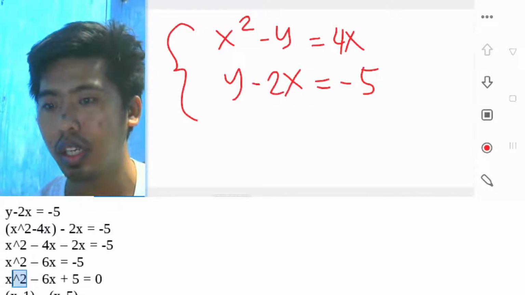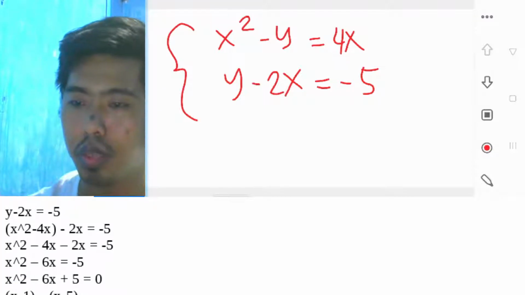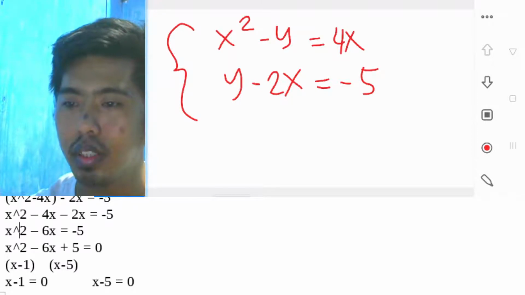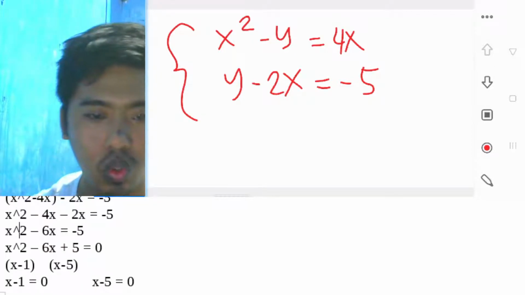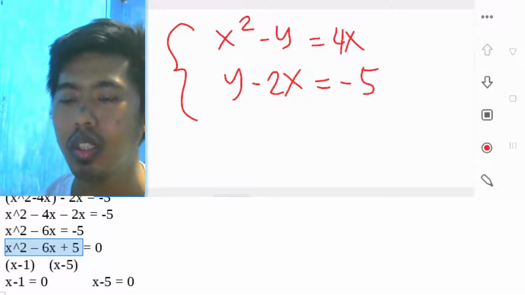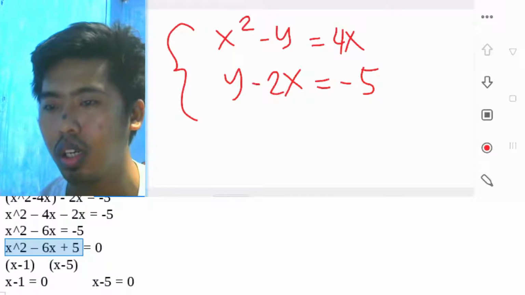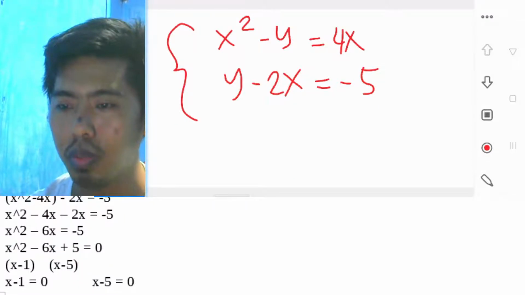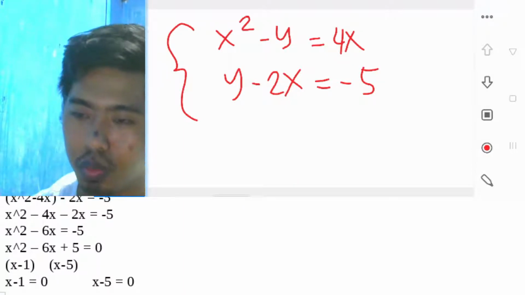Since it has x squared, there are two possible answers for x. So these are your x's. Okay, so x minus 1, because this is x squared minus 6x plus 5. So you factor that equation, then it will become x minus 1 and x minus 5 rather.